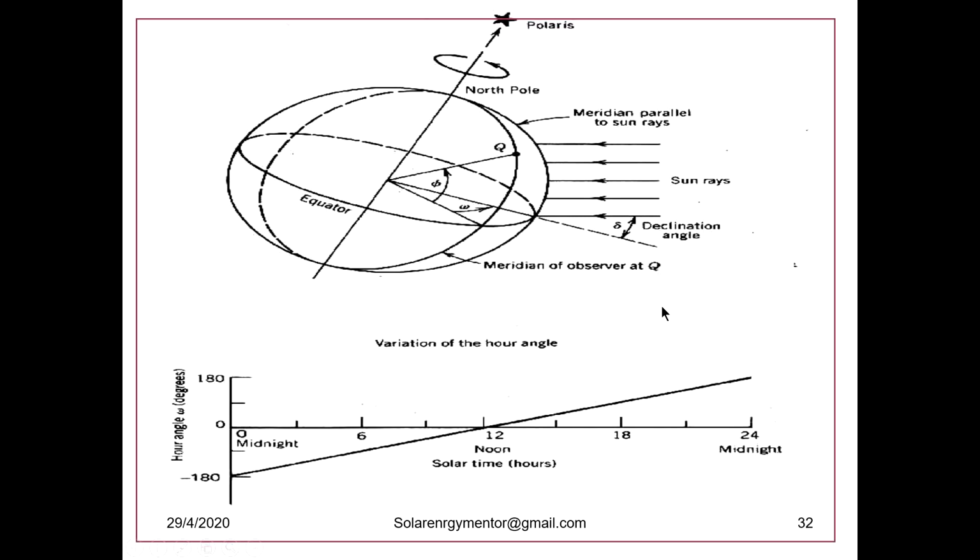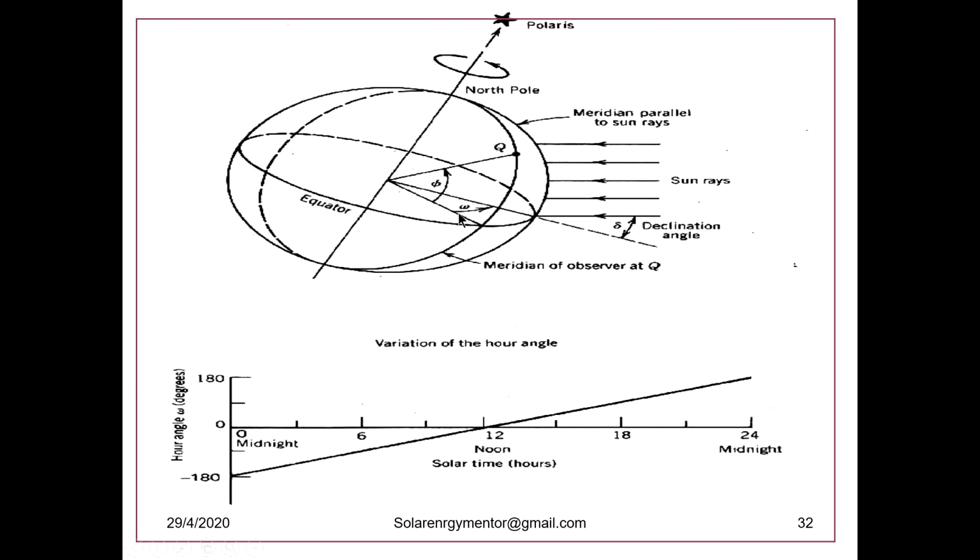Now here you can see this is the hour angle. Now this is Q, the observer. So this is the meridian of the observer, and this is the meridian of the sun.